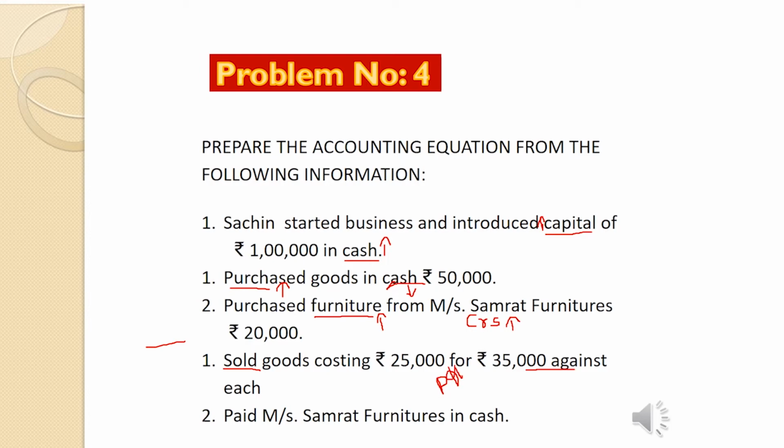That is 35,000 minus 25,000 is equal to 10,000, the profit. So this is added with amount of capital. So profit is added with amount of capital.